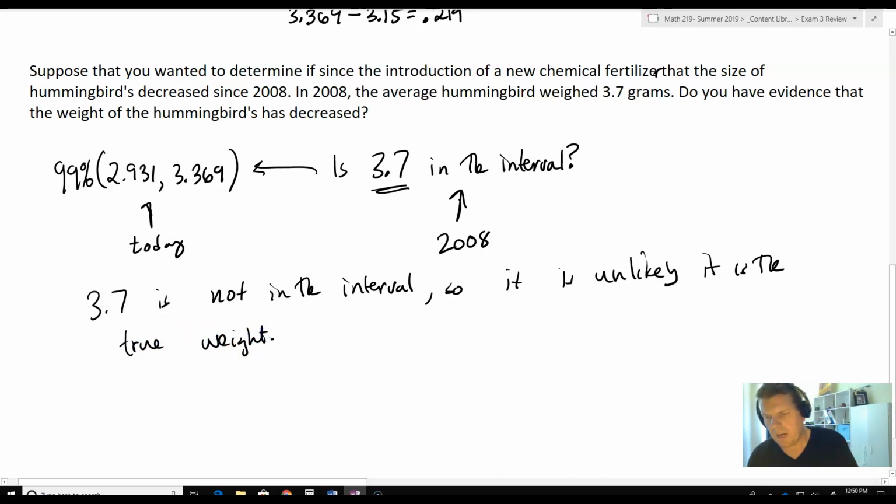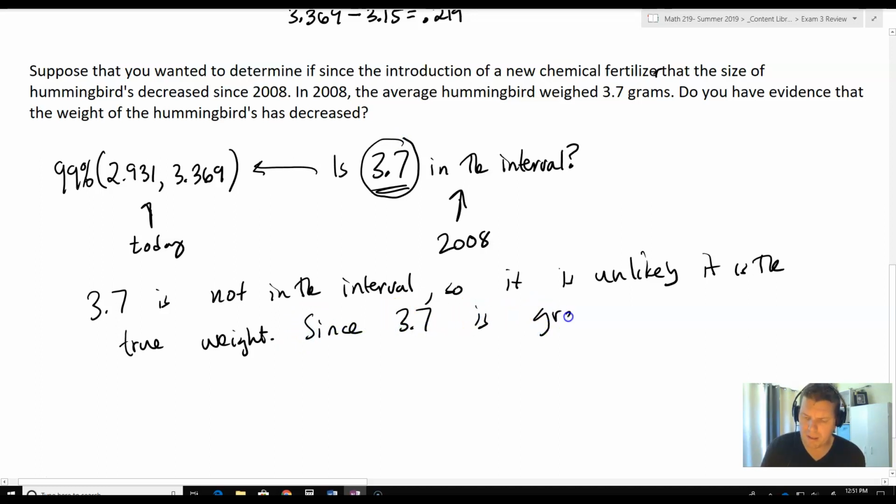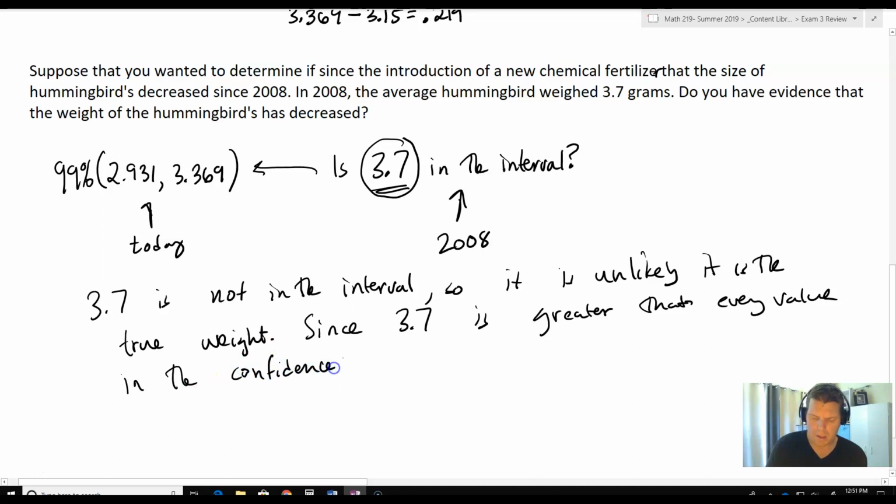So no, it wouldn't say 3.7. Now the question though is, did it decrease? Well, 3.7 is what it was in 2008. Since 3.7 is greater than every value in the confidence interval, and 3.7 is that 2008 data, we had a higher number in 2008 than what we've got today, for the entirety of our interval.